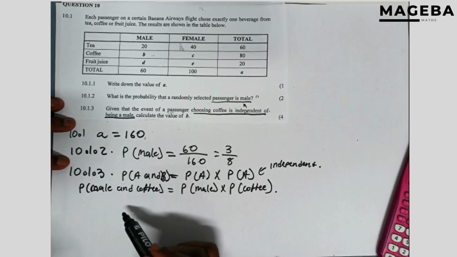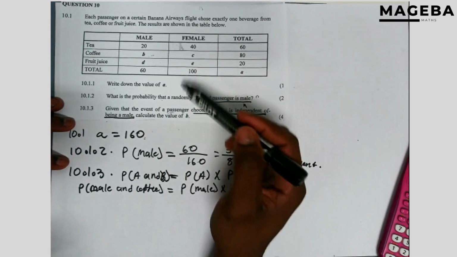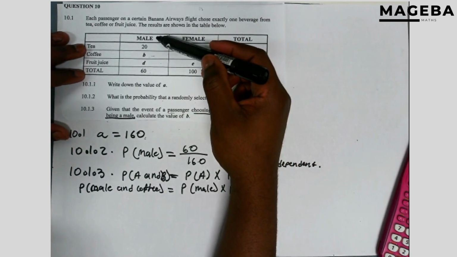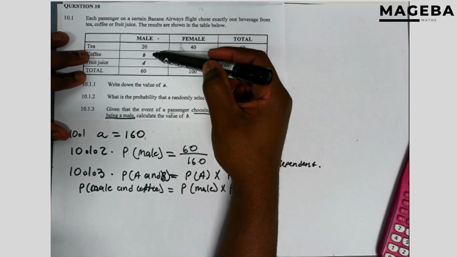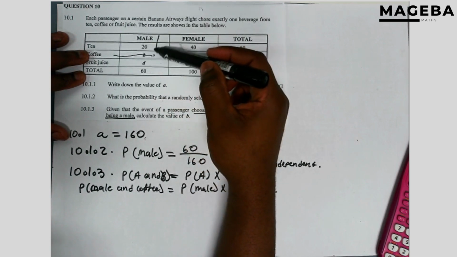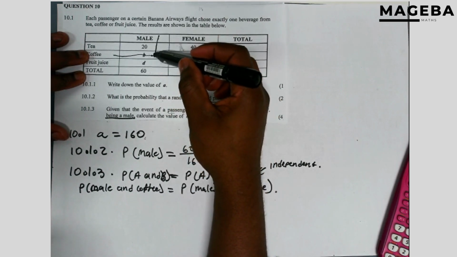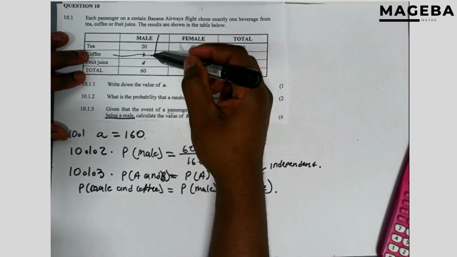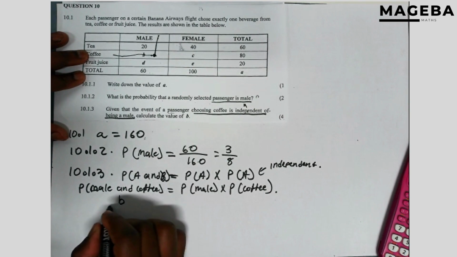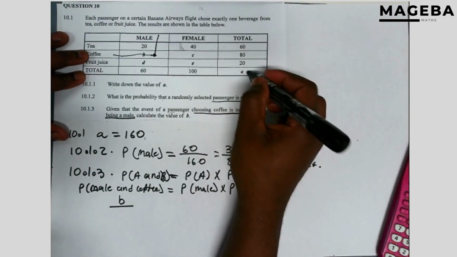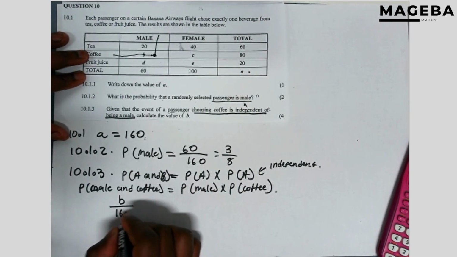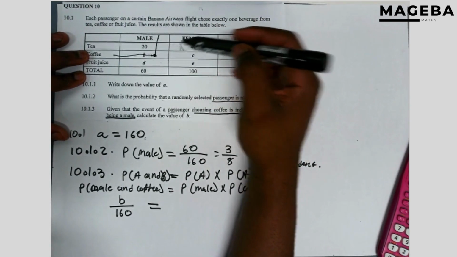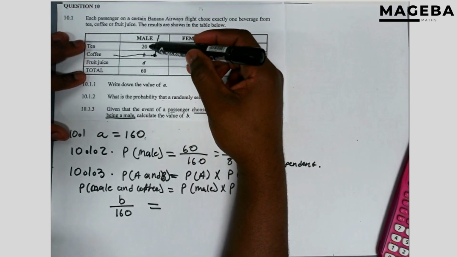Now coming to our table, the probability of being a male and also being a coffee. This is where we connect a male and a coffee. So we have B all over 160, equals the probability of being a male, which we already found.